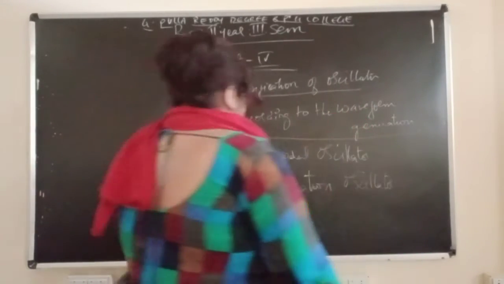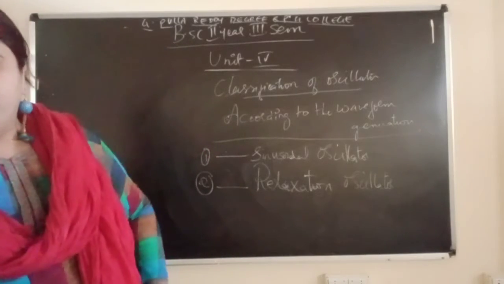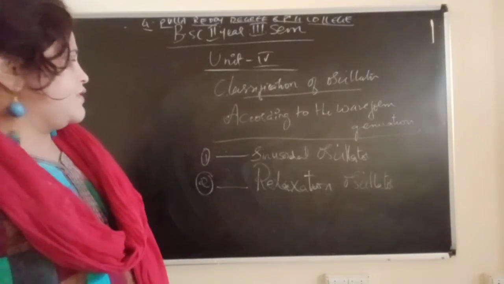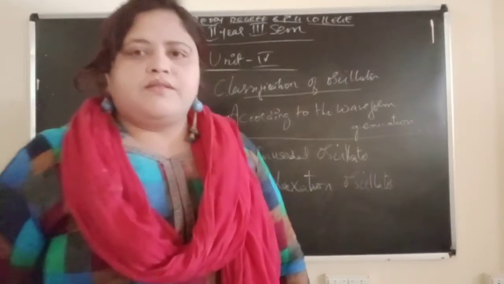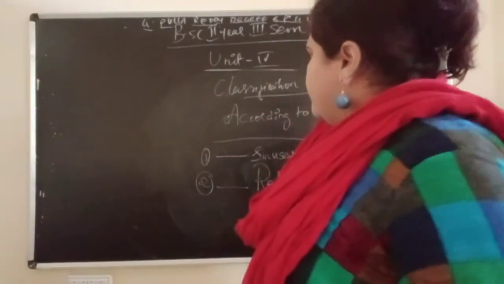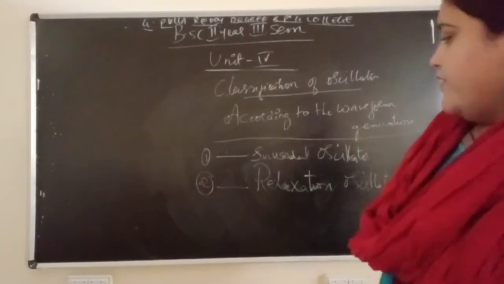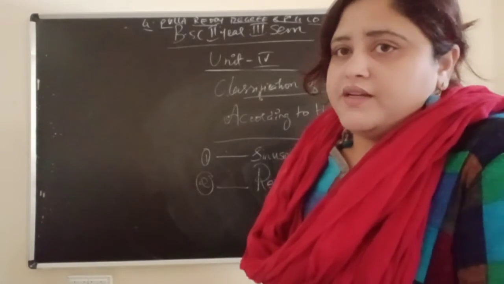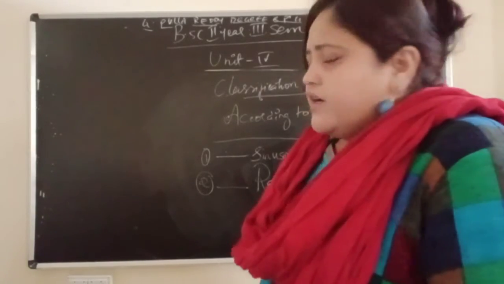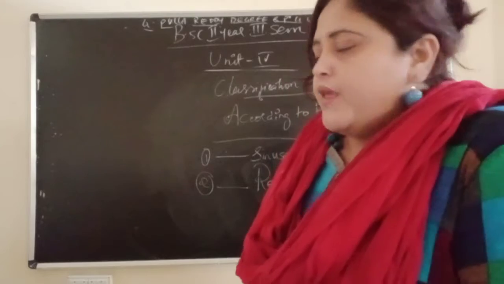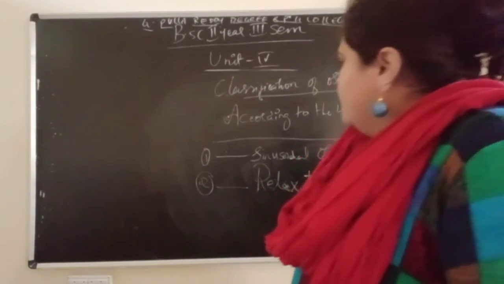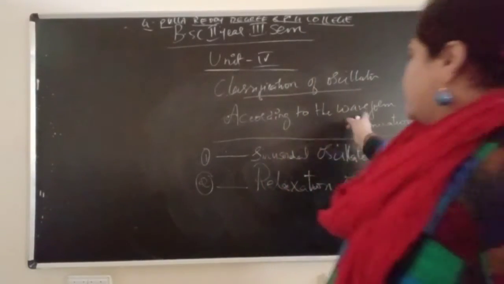So it is of two types: the first one is the sinusoidal oscillator and the second one is the relaxation oscillator. According to the waveform generation, it is classified into two types.